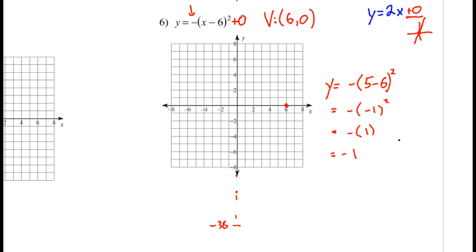So I plugged in 5 and I got negative 1. So we get 5, negative 1, and of course I get another one on the other side for free. The complement. And then from there, draw a parabola. So most everybody is doing very well on the parabolas now. So curved at the top, and it goes outward ever so slightly. Never straight up and down, never a point at the vertex.